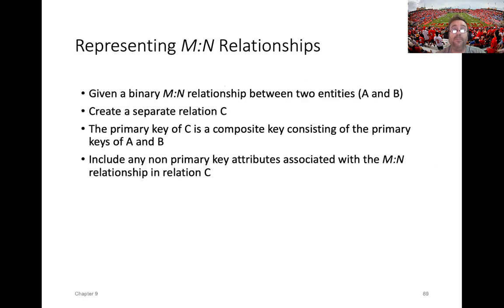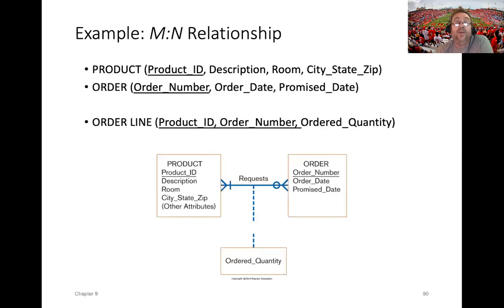To do a many-to-many relationship, we have to do something different, and we have to create a separate relation. If you've done the database class, you know this is called a gerund. In this world we also call it an associative relation. The primary key of C is a composite key consisting of the primary keys of A and B. We also include any attributes that are associated with the relationship between A and B, and we add that into C. So here we have product and order.